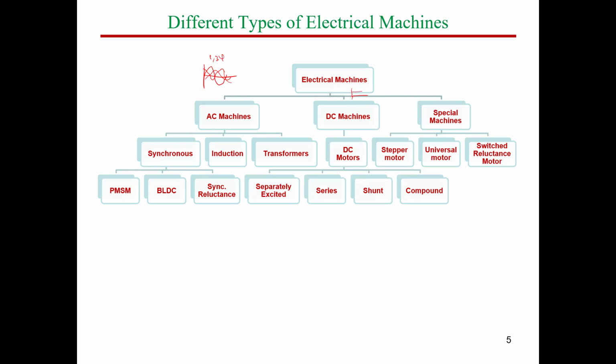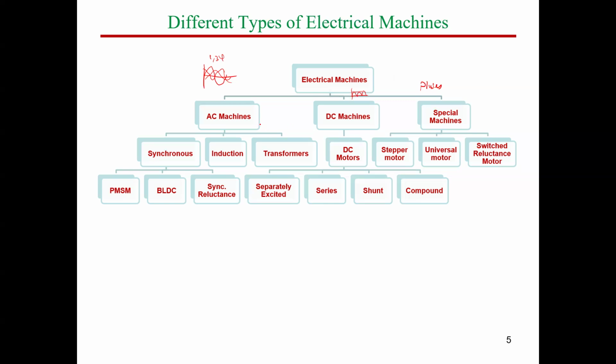It could be pure DC, it could be rectified DC. Or special machines. Special machines need special types of supply, like for instance, some pulses, or the machine itself has a special type of connection. So this is called special machines.